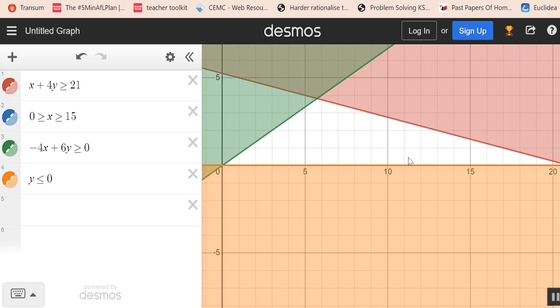Now this is where Desmos is quite useful, because without a computer you would have to solve for where all these lines cross. But we've got a computer, so we're going to optimize it. Any ideas where the best places would be to pick an x and y value that is going to give the biggest value for P?